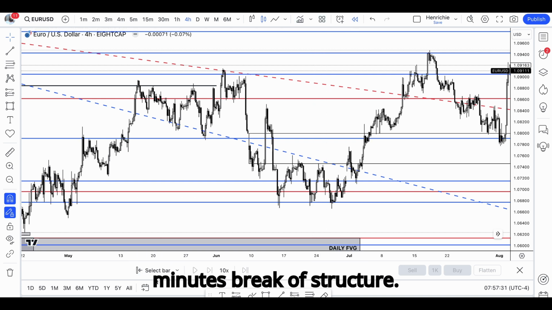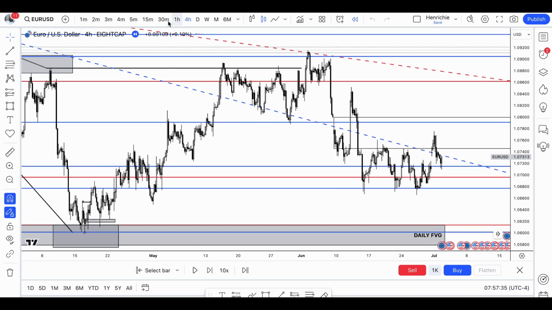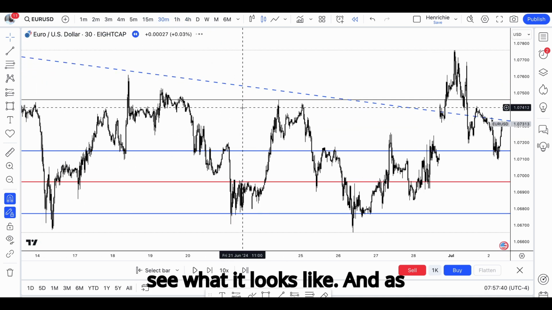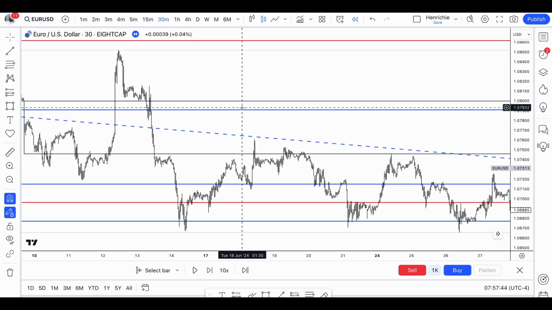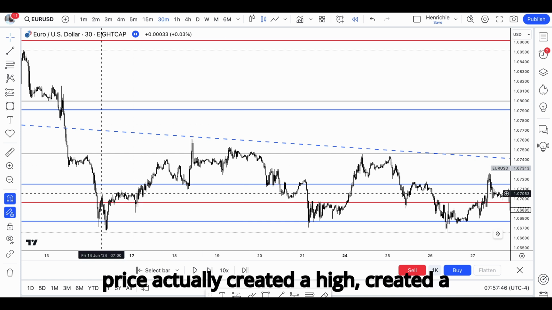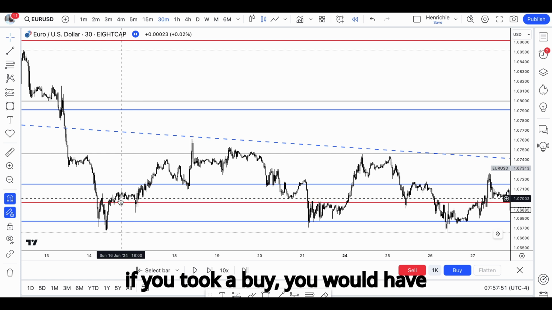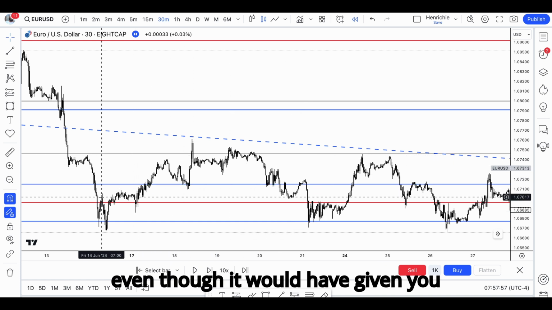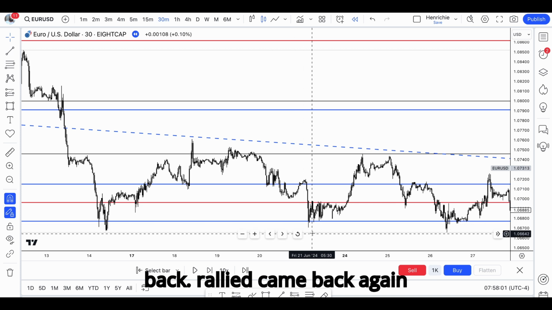Now, 15 minutes break of structure. We'll go to the 30 minutes time frame to see what it looks like. And as you can see right here, price actually created a high, created a low, broke structure right here. If you took a buy, you would have eventually taken a loss, even though it would have given you opportunity to break even because it came back, rallied, came back again, rallied.